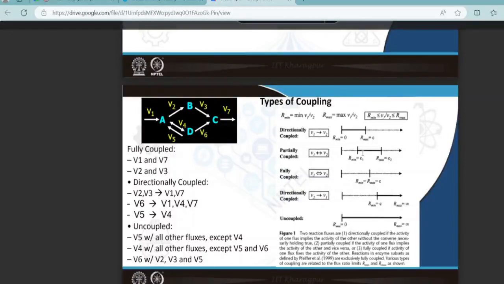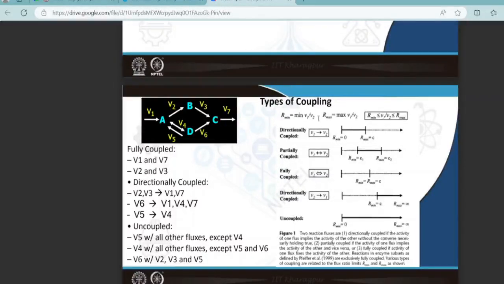But otherwise, what you need to understand is that you need minimum information about the fluxes these reactions carry, from which you get the Rmin and Rmax, and that is how you try to say whether reactions are coupled in a particular manner or not. If it's not clear, we can again go through it and I'll try to rephrase my answer. You can tell me.